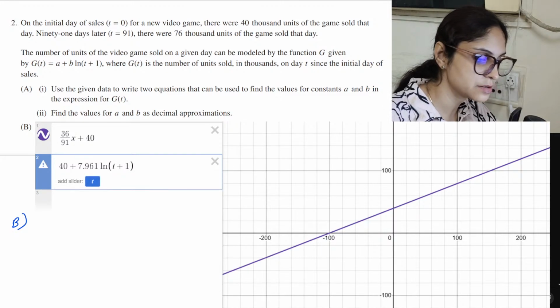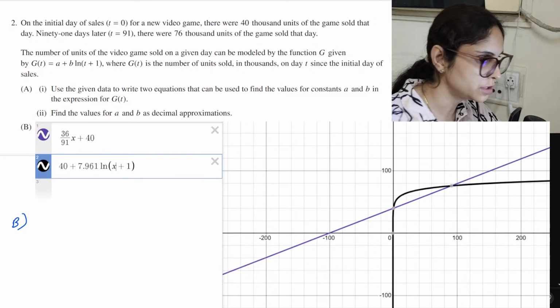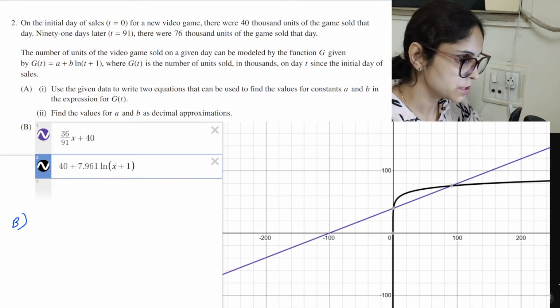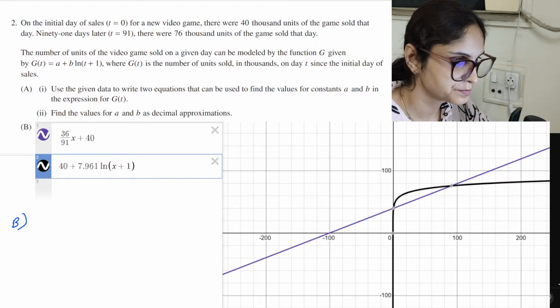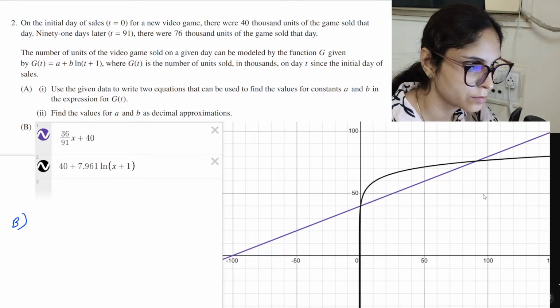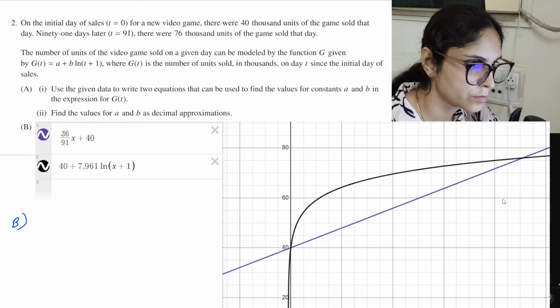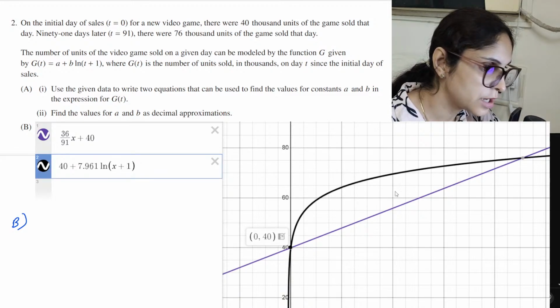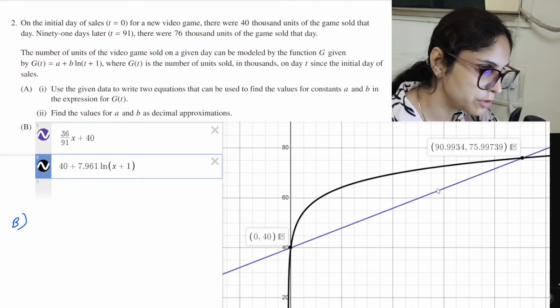Because a graphing calculator is allowed, we'll make use of it. So if you see from 0 to 91, the graph of G of x is above A(T).